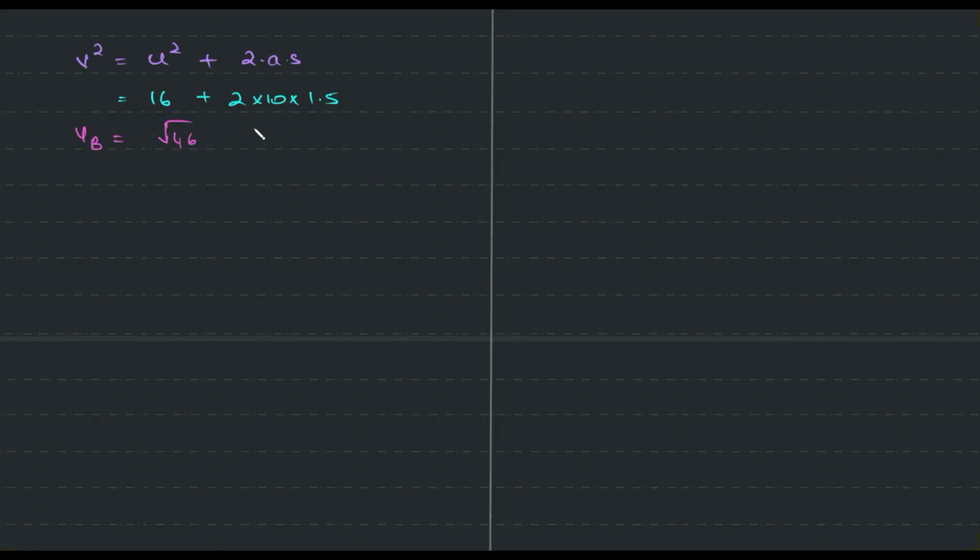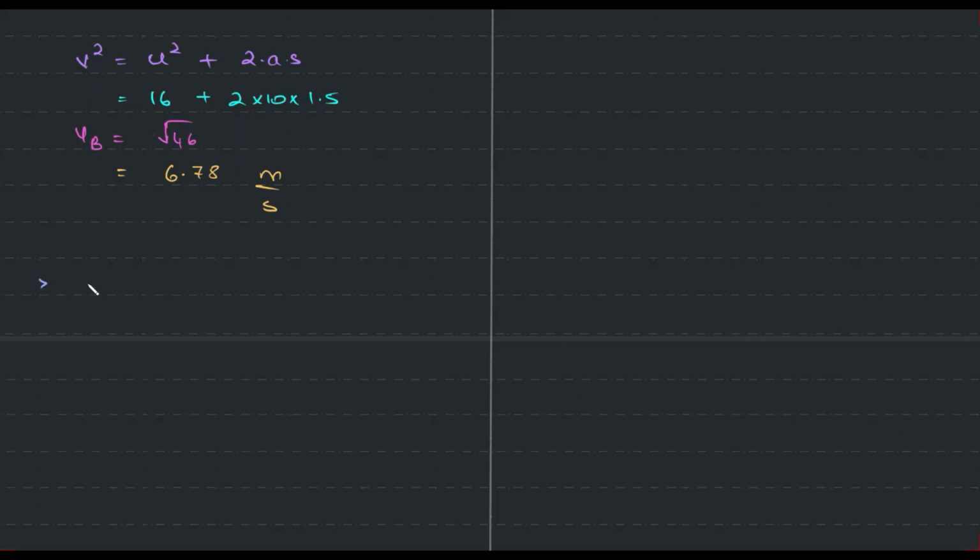For the sake of curiosity, I'll go with the calculator and this is 6.78 meter per second, guys. Again, I'm using a calculator because I'm curious about the answer. Root 46 can't be factorized, so 23 and 2, yeah. We can't do much about this.